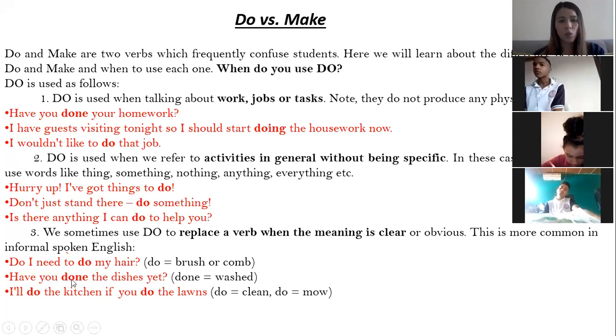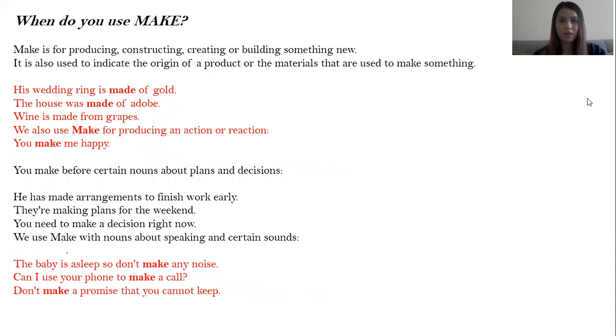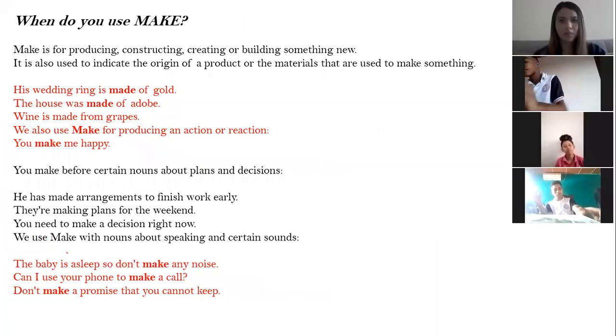You may say, wash the dishes yet, or don't, ya lo lavaste. I'll do the kitchen if you do the lawns. Do here replaces the verb clean. Are you following me? Yes, teacher, yes. Okay.